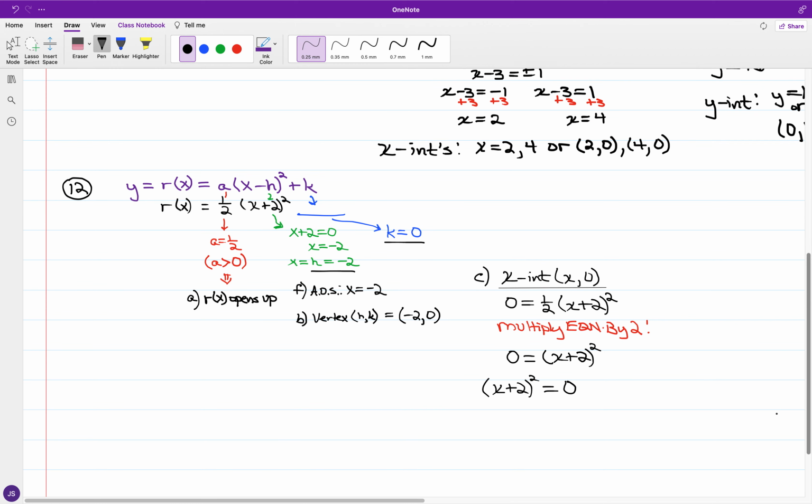And again, utilizing the square root property of equality. If I go from the square of x plus 2 to just x plus 2, we have equal to plus or minus the square root of 0. And 0 is neither positive nor negative.